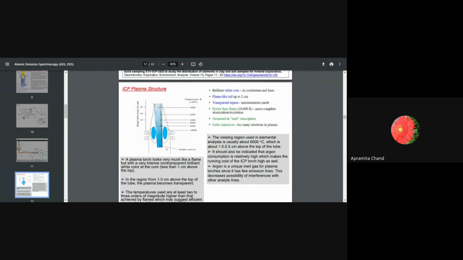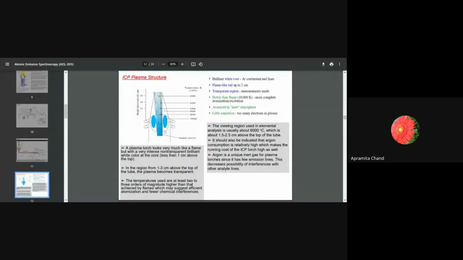They have also asked about the different components of the ICP torch, the different components of the flame. Temperatures range from 6000 to very high at the core. It looks like a flame, but from a region 1 to 3 centimeters from the top of the tube, the plasma becomes transparent. You have a white core, the argon continuum line, which is the highest temperature.